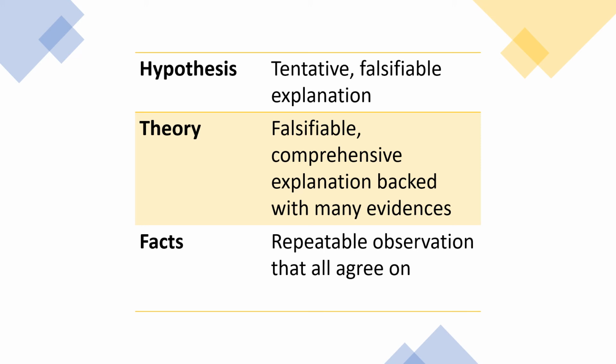As you can see here on the table, this is how we define hypothesis, theory, and fact, and the difference among them. Biologists also consider biological evolution to be a fact, yet the phrase theory of evolution persists because evolution is both a fact and a theory. Both terms apply equally well.